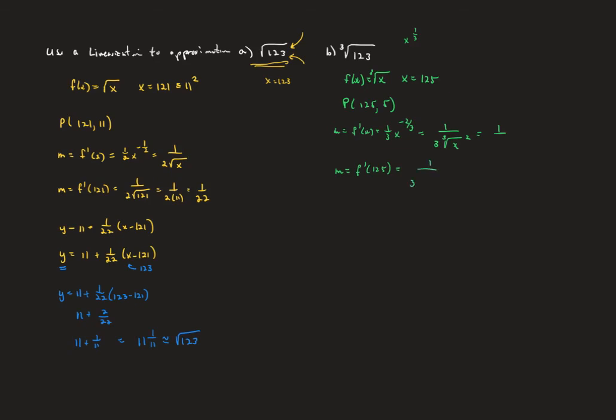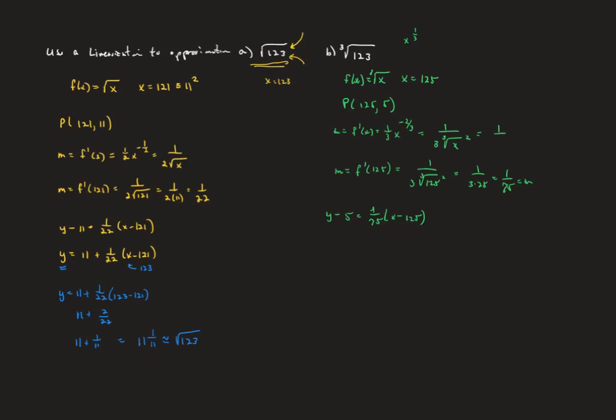We're going to get 1/3 times the cube root of 125, squared. So the cube root of 125 is 5. Squared is 25. That's going to make our slope be 1/75. So our tangent line is going to be y minus the y-coordinate, which was 5, is equal to our slope, which is 1/75, times x minus the x-coordinate, which was the 125.